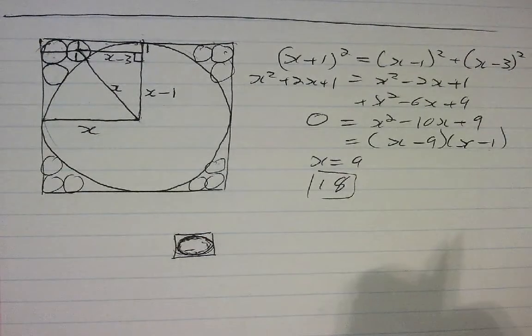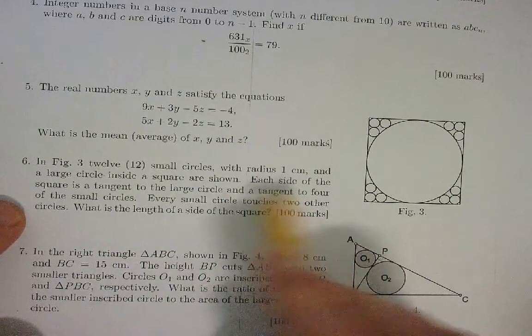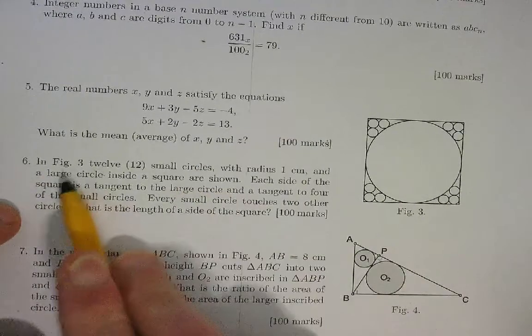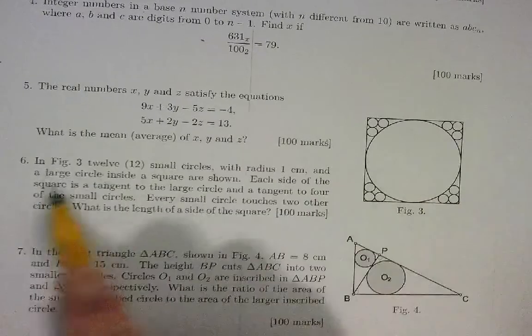Now let's just reread through the question to see if that's disallowed. 12 small circles with radius 1, large circle inside. Okay, it says small circles and large circles, so that kind of implies that the big one must be a different size than the small ones.